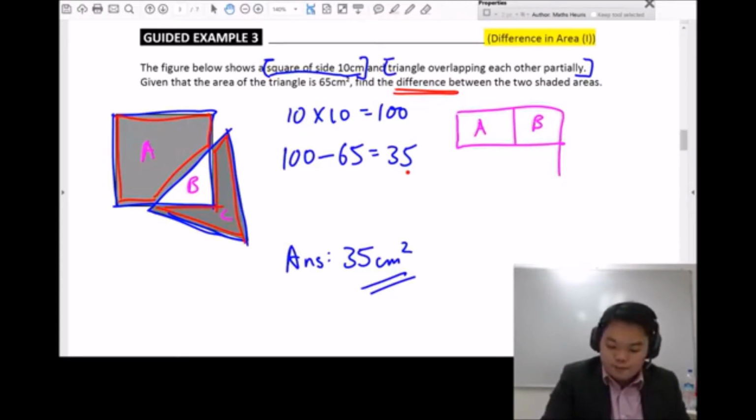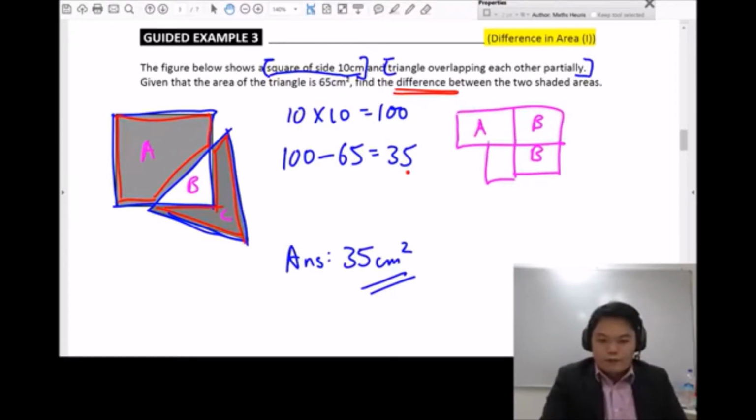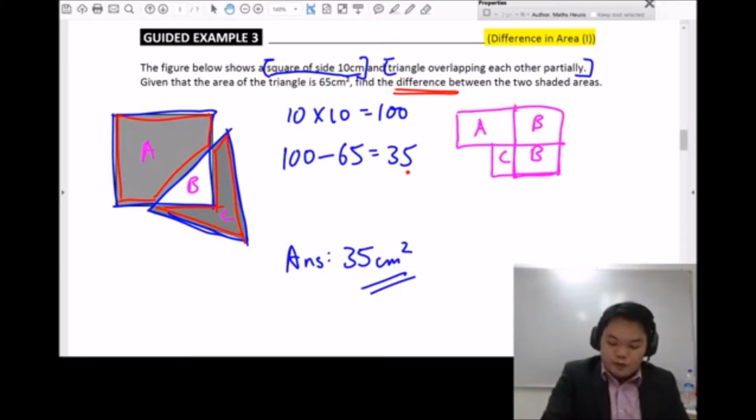Next, if I were to draw out the area of the triangle, I want to put my B over here because it is the repeated item. Then, it is clear that the difference between A and C lies over here. True?